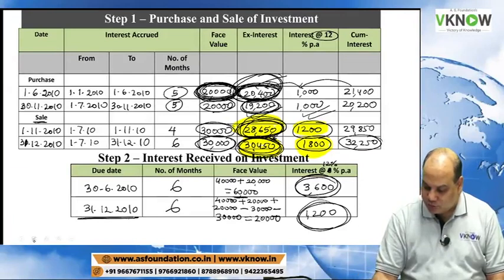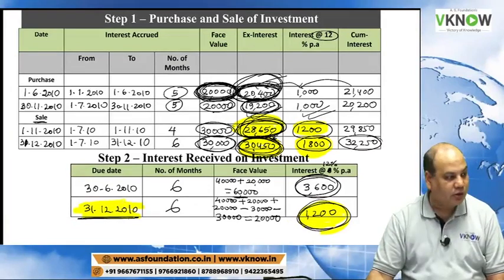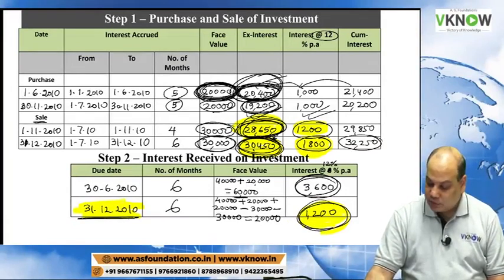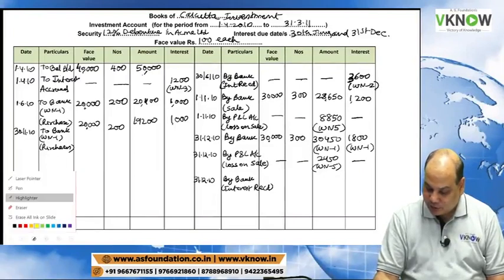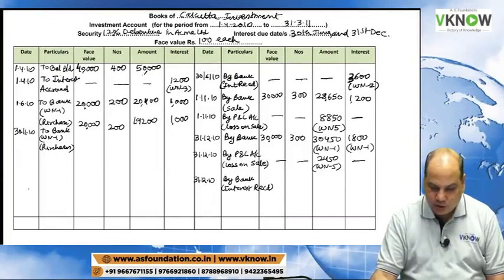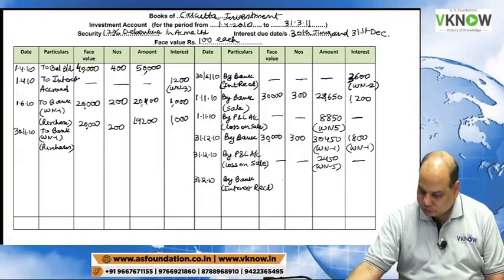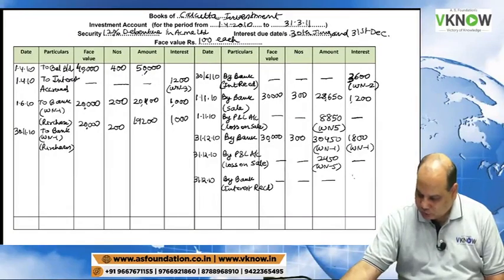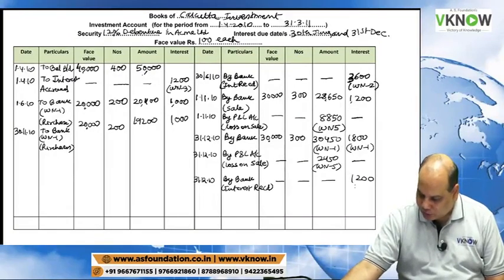Below, working note 2, you can see 1200 rupees. This is the interest received on 31st of December. So we will write interest received 1200, working note 2.